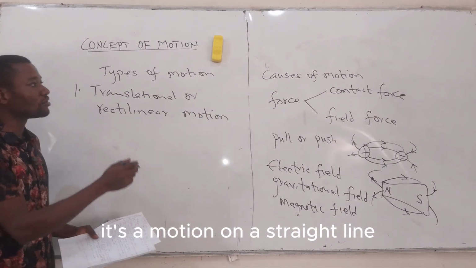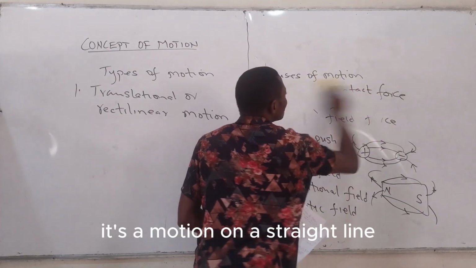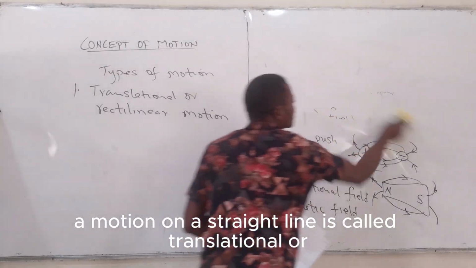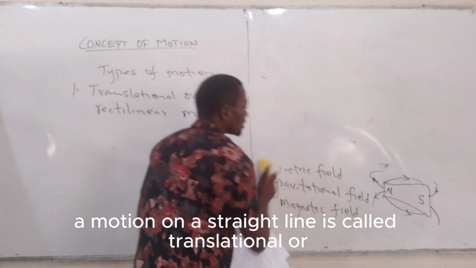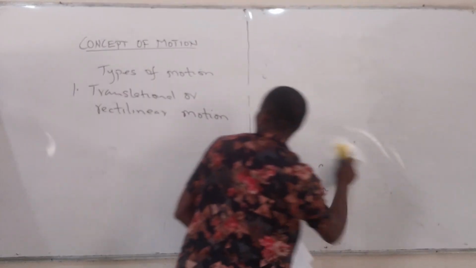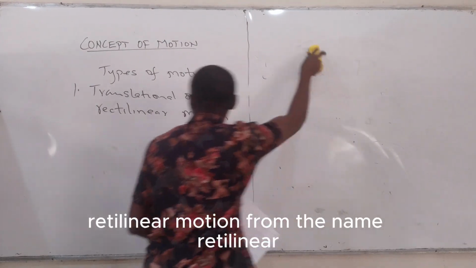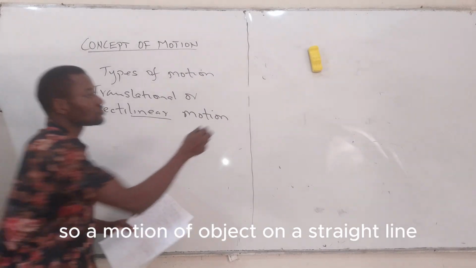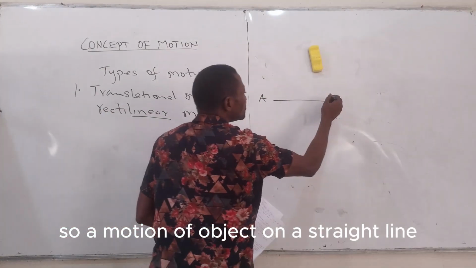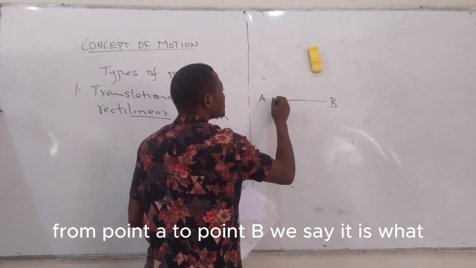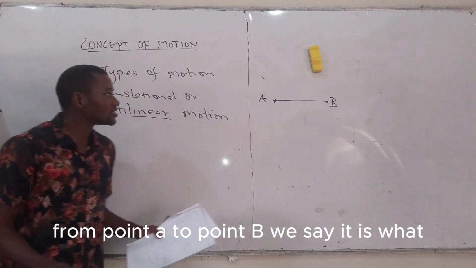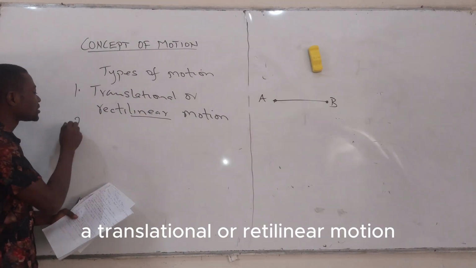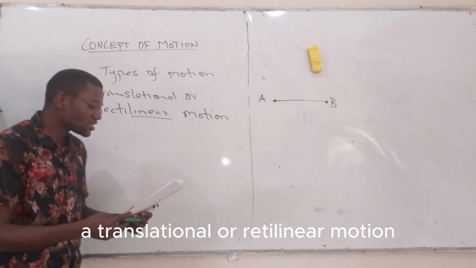It's a motion on a straight line. So a motion on a straight line is called translational or rectilinear motion. From the name, rectilinear, linear means straight. So a motion of an object on a straight line from point A to point B, we say it is what? A translational or rectilinear motion.